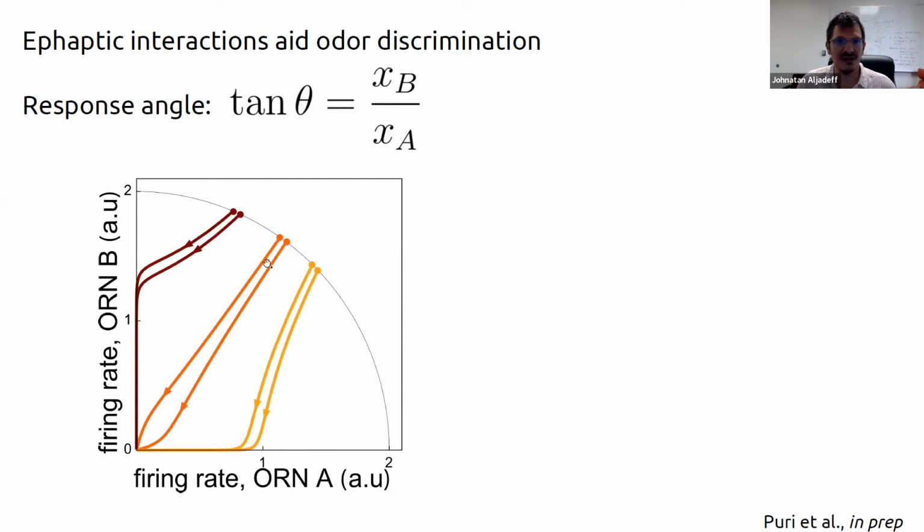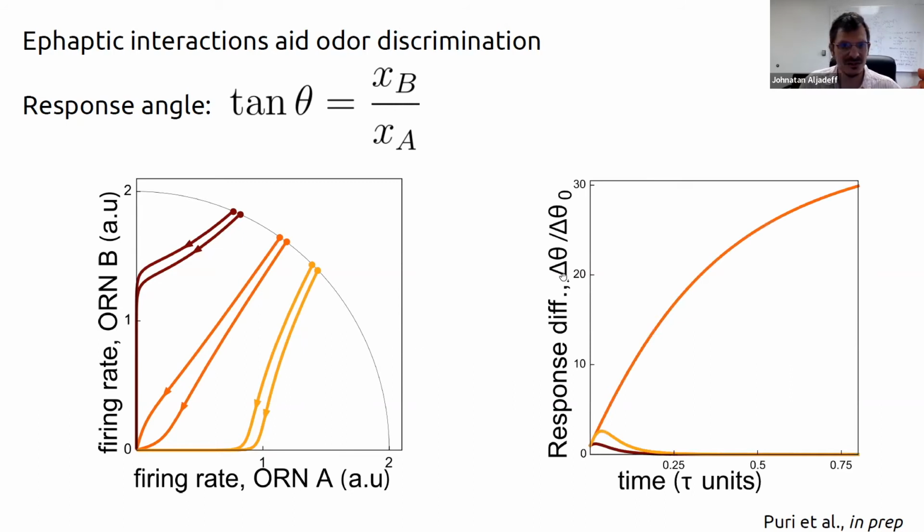But in orange, there is some degree of separation before the firing rates collapse to 0. We can plot the relative change in their angle as a function of time relative to the difference in angle at time 0. And for the orange initial condition, this curve shows that these trajectories separate. Okay, so we understood something about how these ephaptic interactions can aid in odor discrimination.